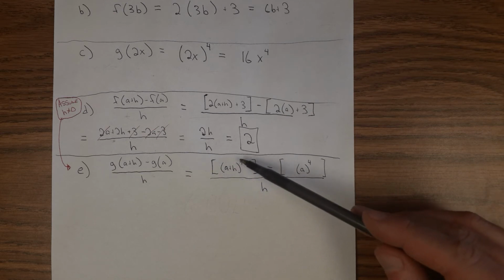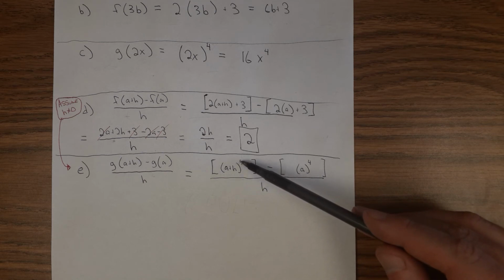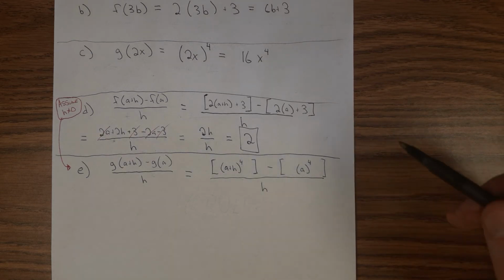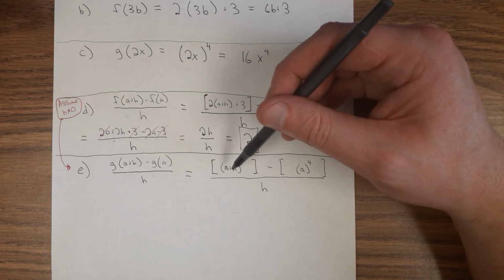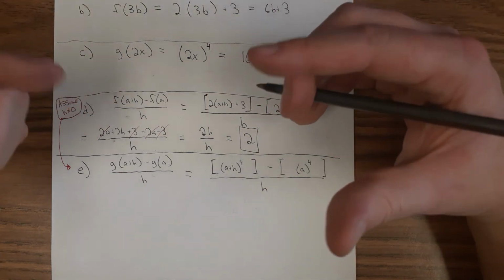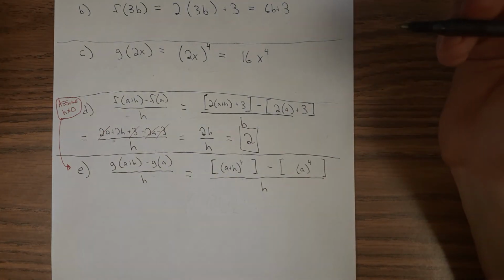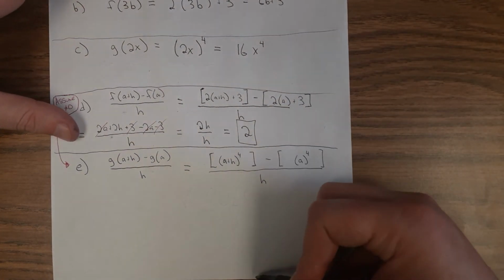If this was (a plus h) squared, I would get a squared plus 2ah plus h squared. But it's a higher power. One way you could do this is just do (a plus h) times (a plus h) times (a plus h) times (a plus h) and start multiplying things out. It would be kind of a mess. There's another way to do it.